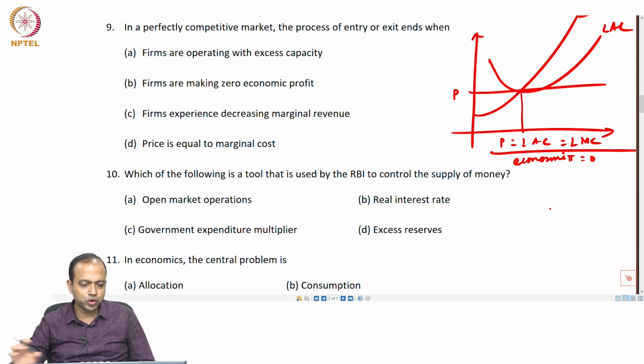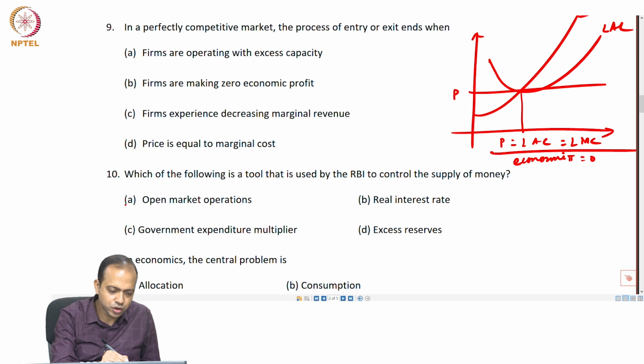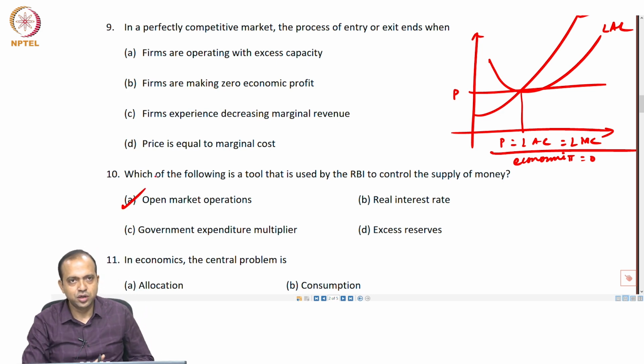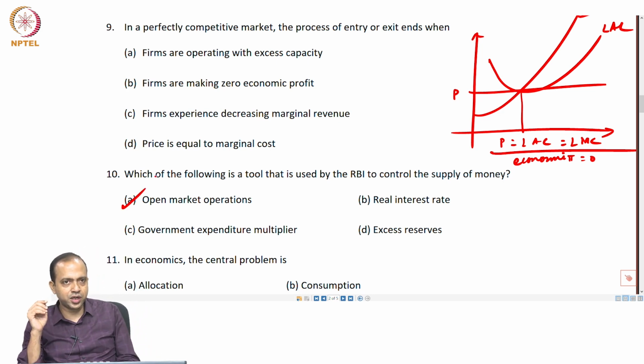Which of the following tools is used to control money supply by RBI? Open market operations, real interest rate, government expenditure multiplier, excess reserve. So, we know this is open market operation. What does the RBI do through open market operation?